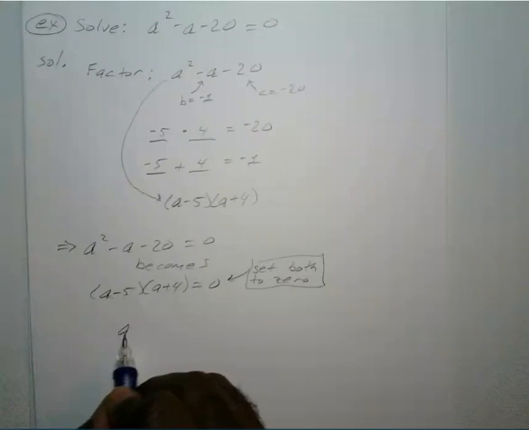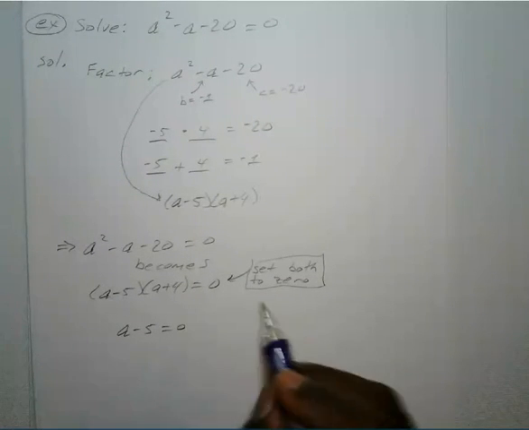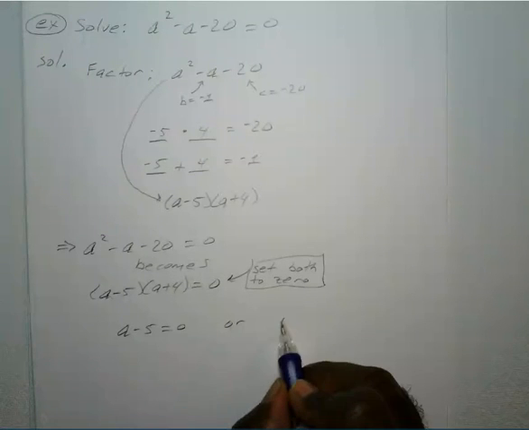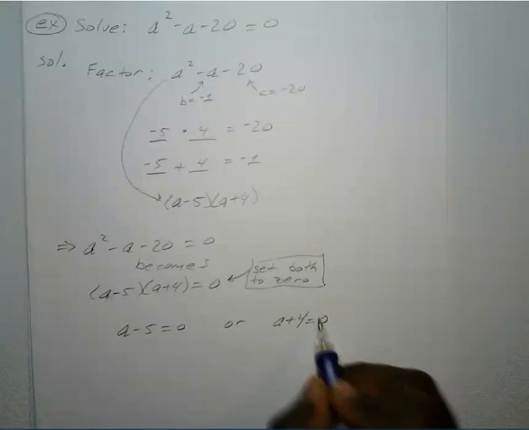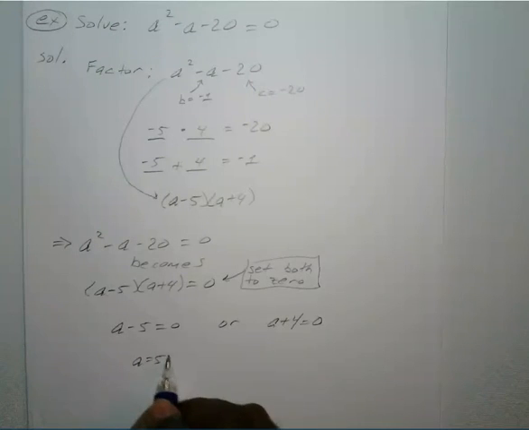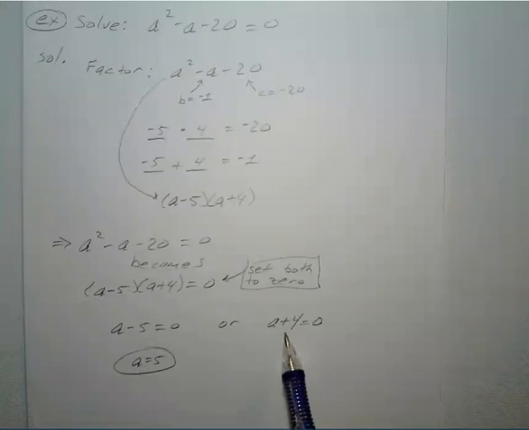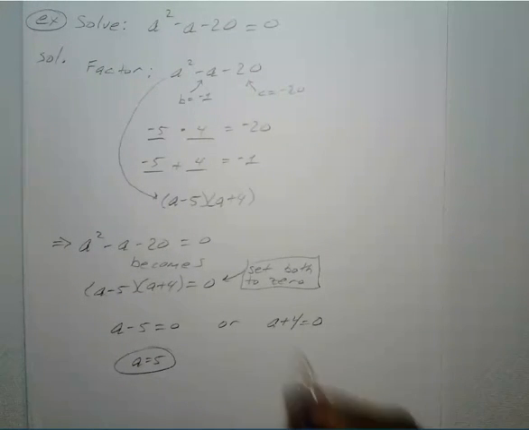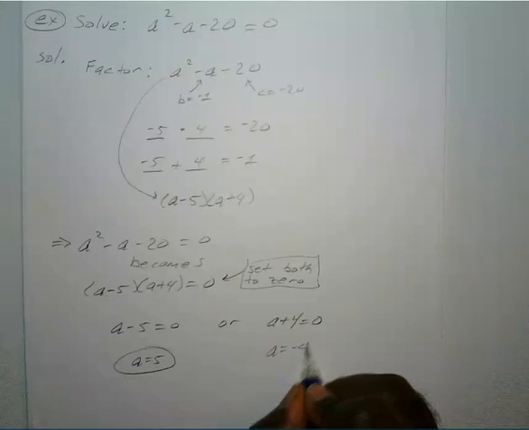That means a minus 5 can equal 0, or a plus 4 can equal 0. Either one will make this true. So if we add 5 to both sides here, we have a equals 5. And if we subtract 4 from both sides here, we have a equals -4.